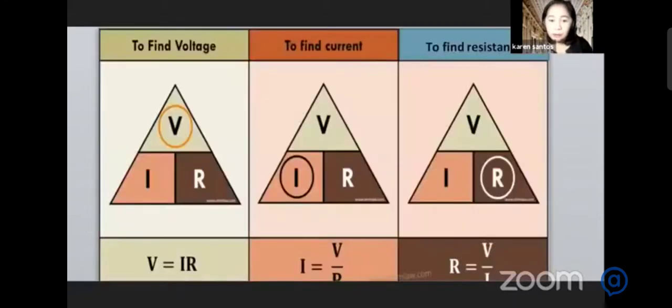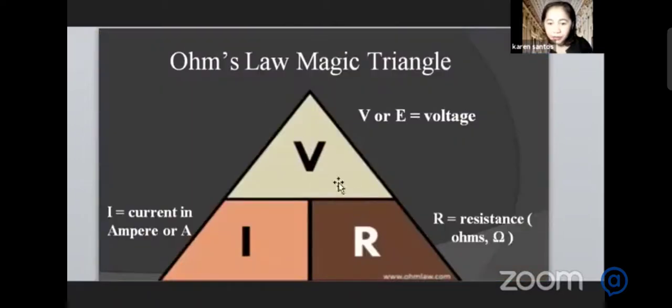Always remember this. On the top, we have the V or voltage. On the lower left side is the I or the current in amperes. And on the right side is the R, which stands for resistance or ohms.